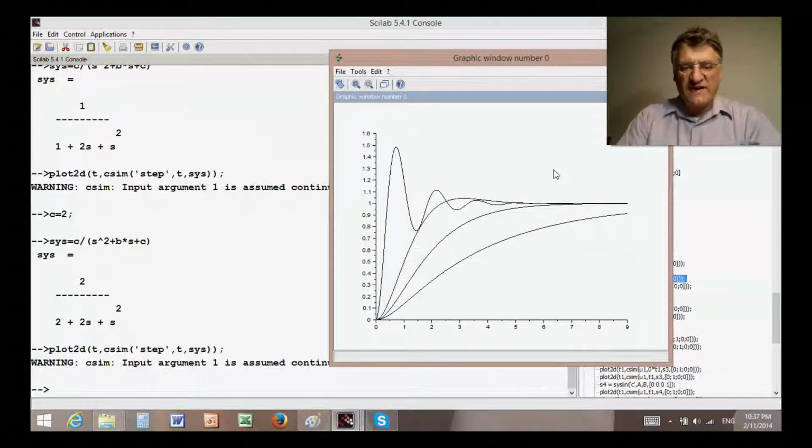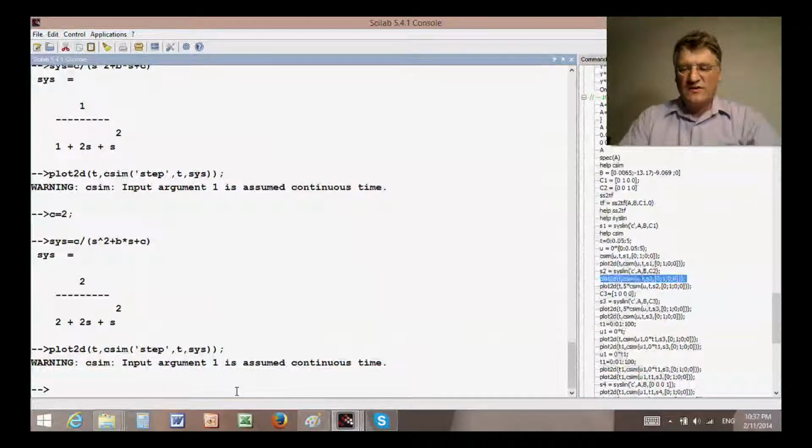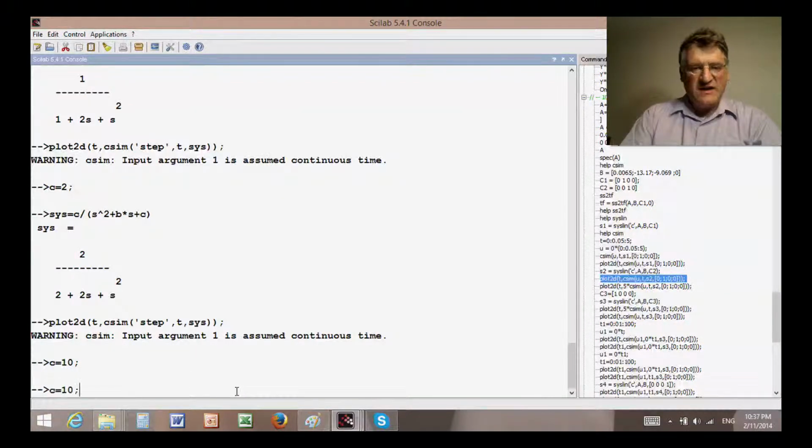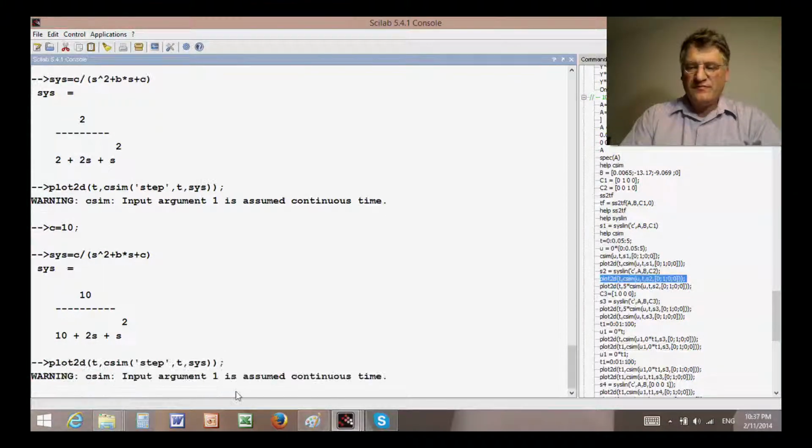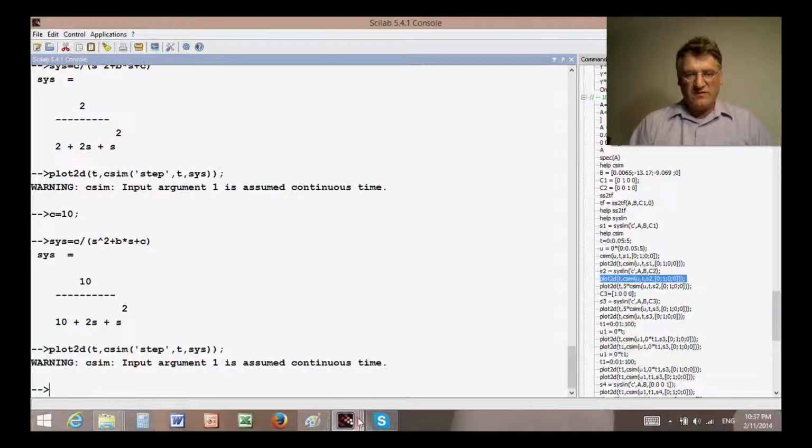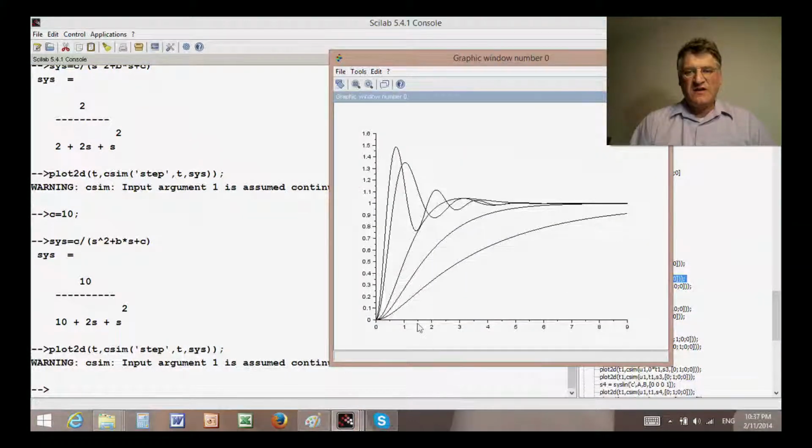If I now go to C even faster, say 10, I will obtain the following response.